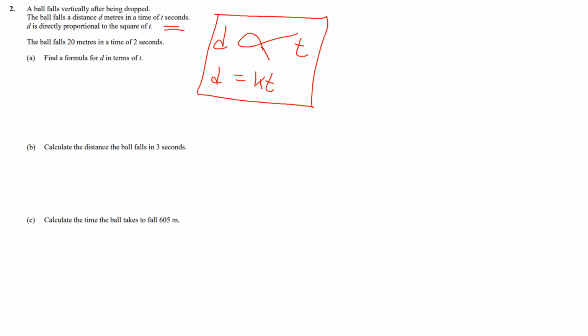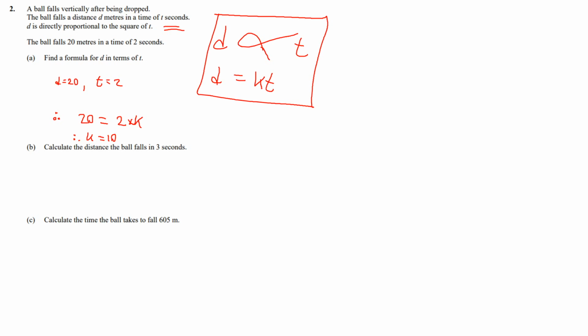Now, for this example, d equals 20 and t is equal to 2. So therefore, 20 is equal to 2 times k. And so therefore, k is equal to 10.